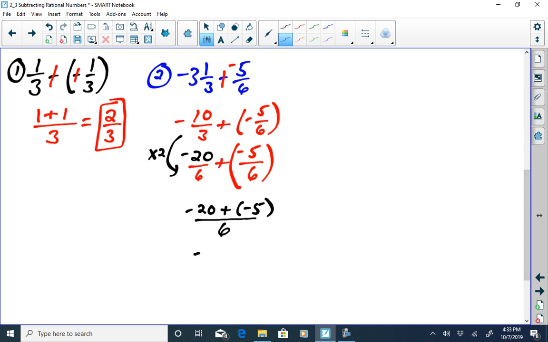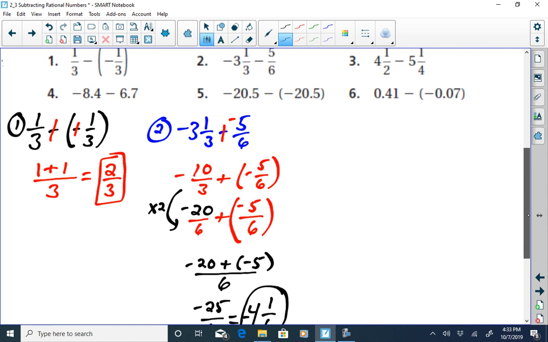So that's going to be negative 25 over 6, and that simplifies to what? 6 goes into 25 4 times, because 4 times 6 is 24. We have 1 left over the 6, and because it was negative, my mixed number has to be negative. So negative 4 and 1/6 would be our answer for problem 2.